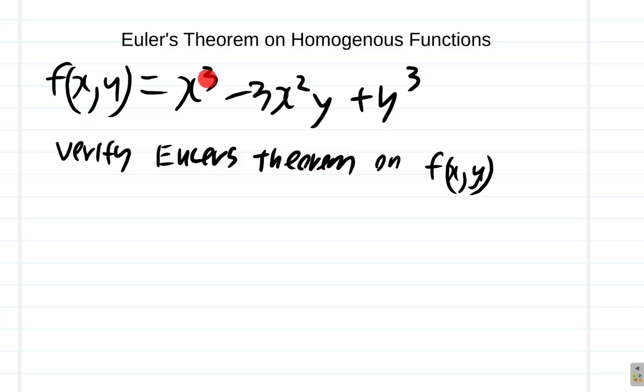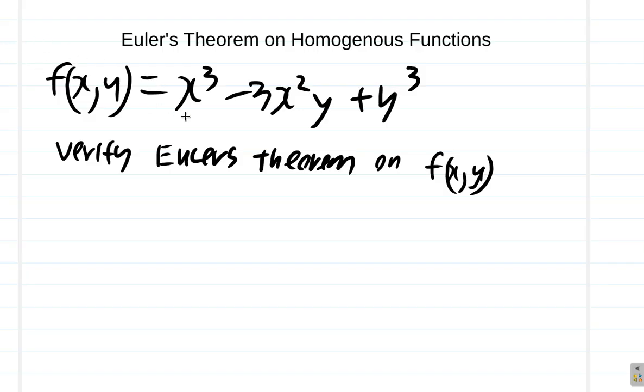You can see here that we have 3 x's, 3 variables here, so the power is 3. We have 2 x's and 1 y, so the power is 3. We have 3 y, so the power is 3. So it is homogeneous with degree 3.